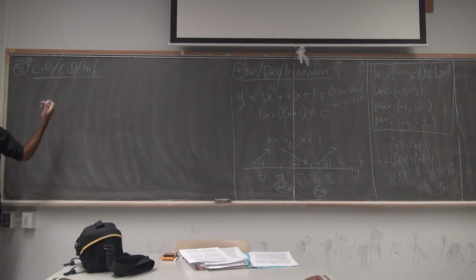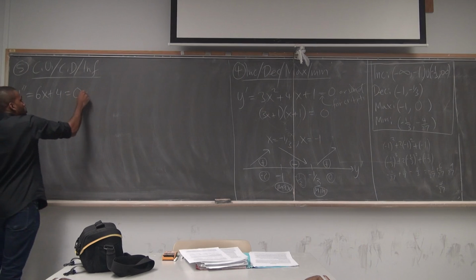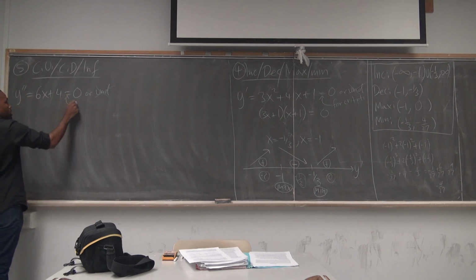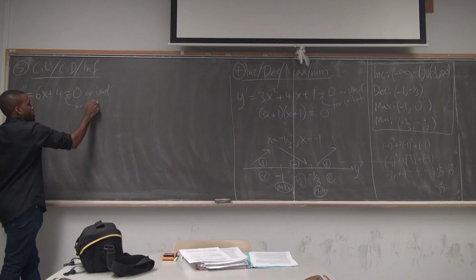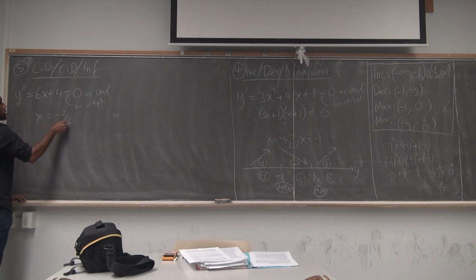So we're going to do the concavity test. We need the second derivative, which is 6x plus 4. I'm going to set that equal to 0 or undefined. Happens to never be undefined. Set it here for critical points. So this means x is minus 2/3.